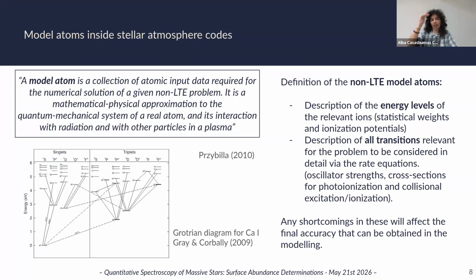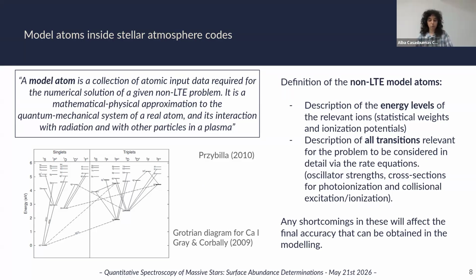So this means the description of the energy levels of the ions, so the statistical weights and ionization potential of all of the levels, as well as all of the transitions that are relevant to the problem. So we were speaking about before: the radiative bound-bound transitions between levels, the radiative bound-free transitions, the photoionizations, and the collisional excitations and ionizations that are taking place in the atoms.